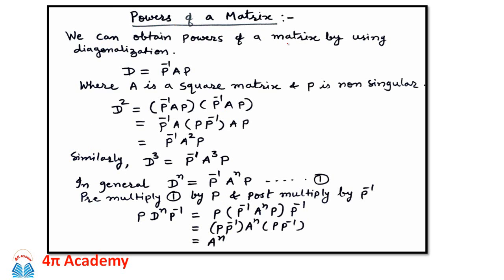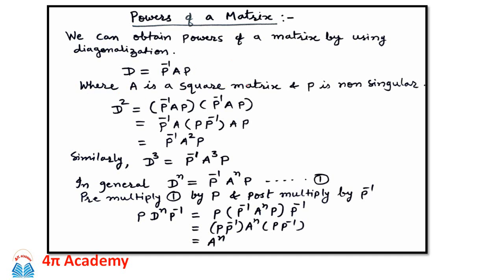So we can obtain powers of a matrix by using the diagonalization. We have seen in the previous lecture the method of diagonalization, and that method gives us D, which is the diagonal matrix, as D is equal to P inverse AP, where you know that this A is our given matrix and P is the modal matrix, which is obtained by grouping the eigenvectors.